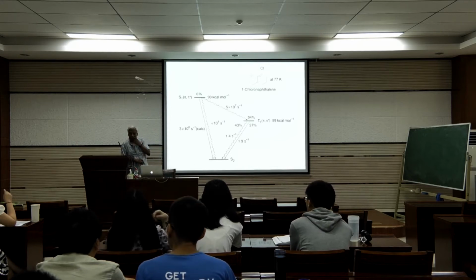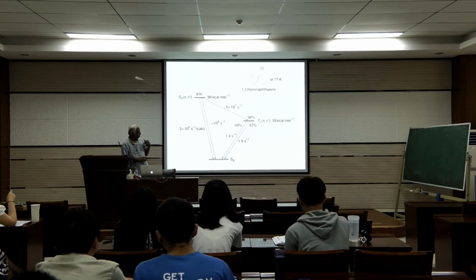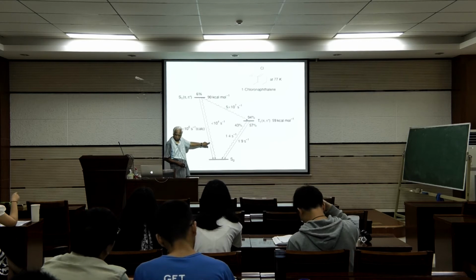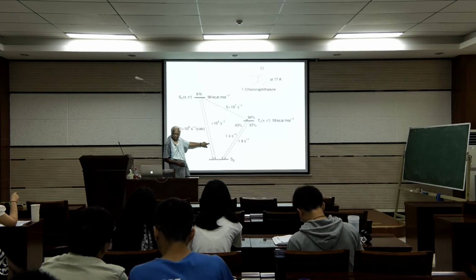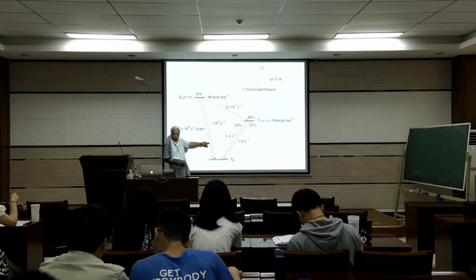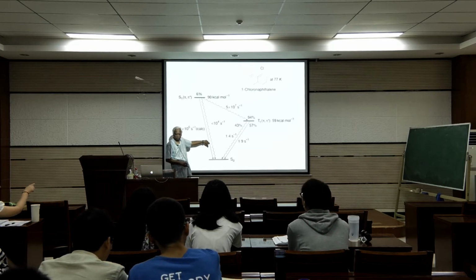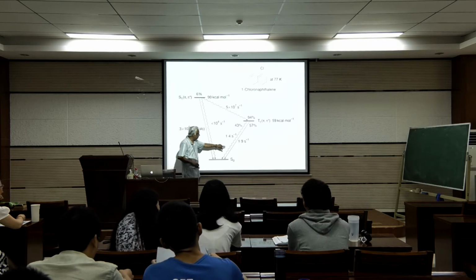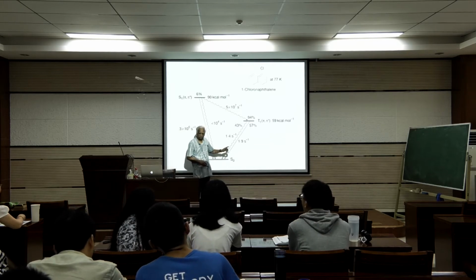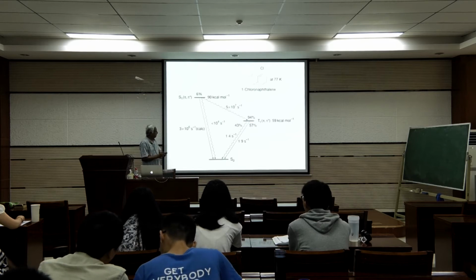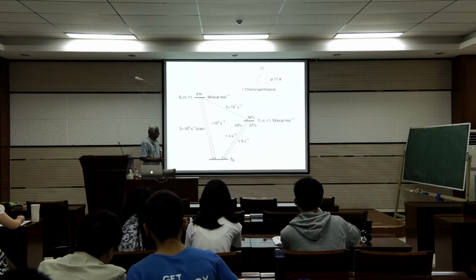Which one? Is it this? That one? Okay. Fluorescence, correct. One, two, three, four. Which one? Four? Okay. So this is fluorescence and this is phosphorescence.